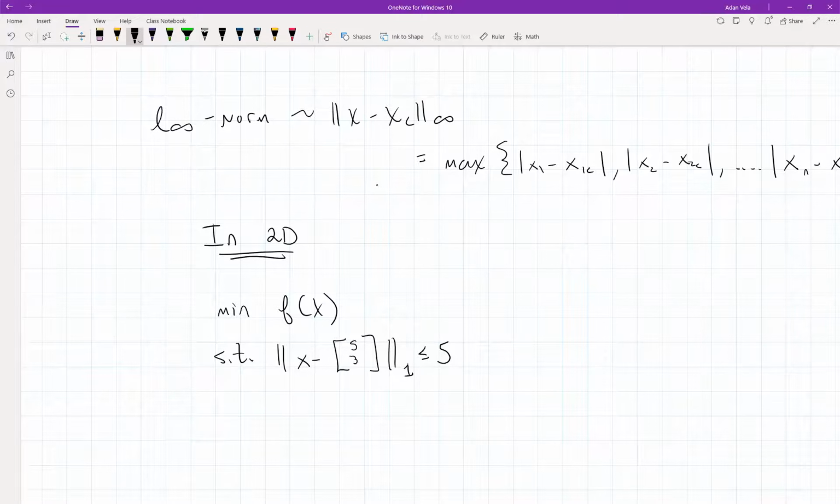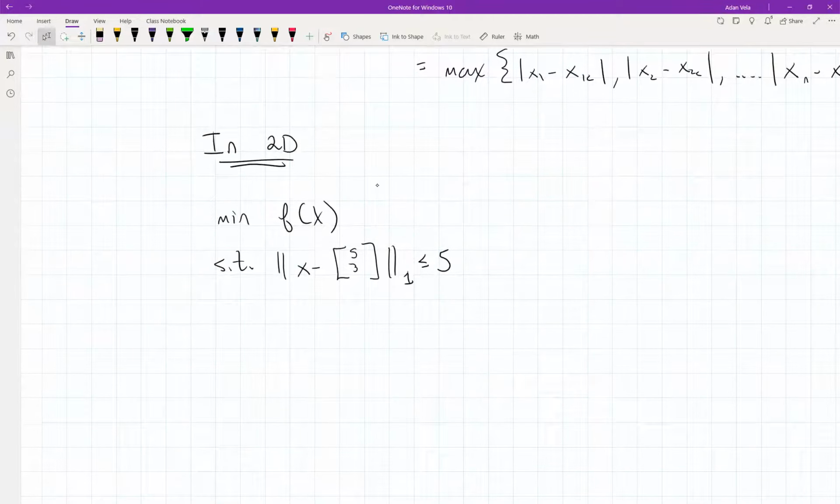Well, in 2D space, essentially what we're doing is moving over to the point (5, 3): 1, 2, 3, 4, 5, and 1, 2, 3. So this is going to be the center of our norm.